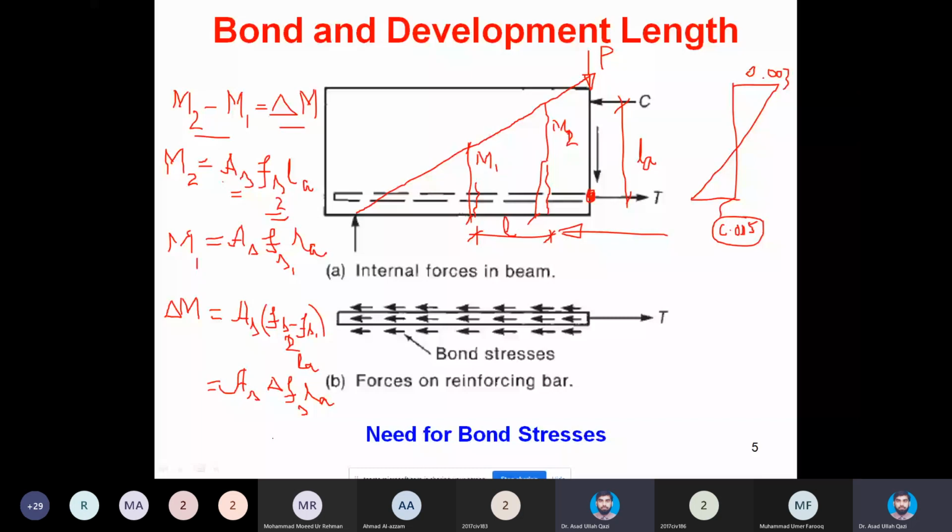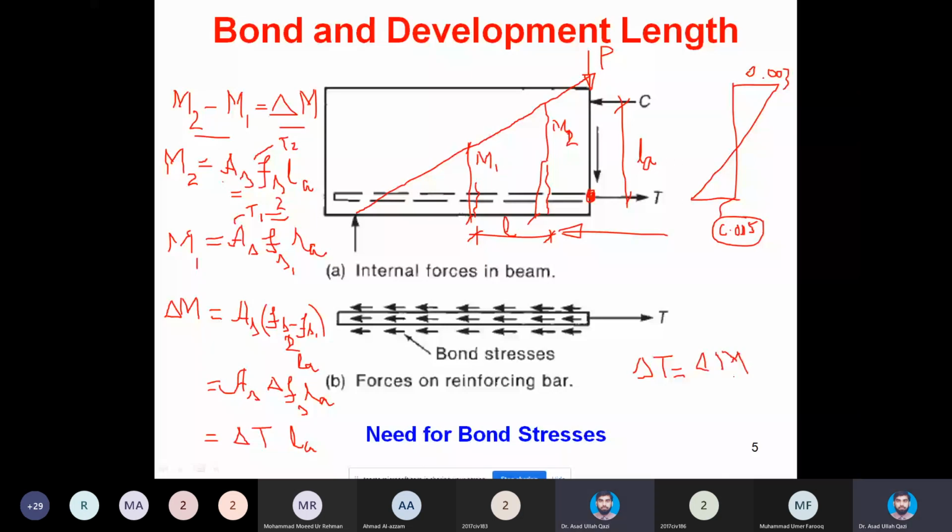I can also say it is actually delta T into La, because As Fs2 I can say is T2 and As Fs1 I can say is T1, and T2 minus T1 is actually delta T. So this gives me a very useful equation that delta T is equal to delta M over lever arm.